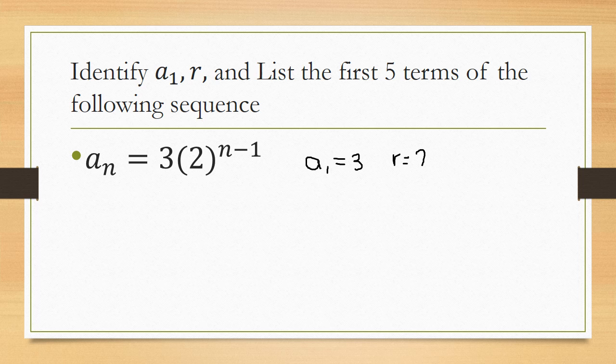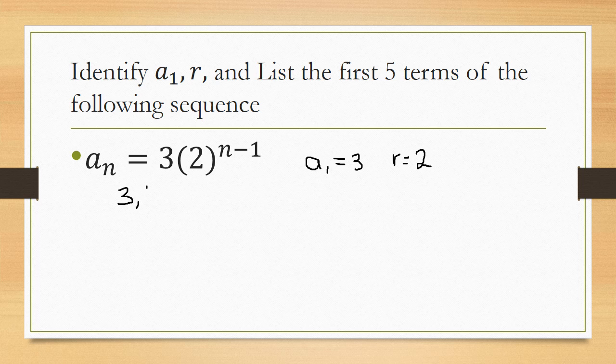Identifying the first term and the common ratio makes things easier when we need to list the terms, because I already have the first term, which is 3, and all I need to do to get the second term is multiply by the common ratio.